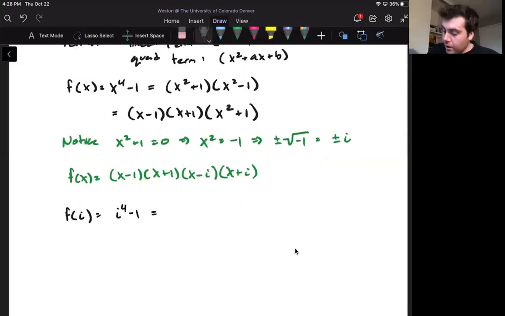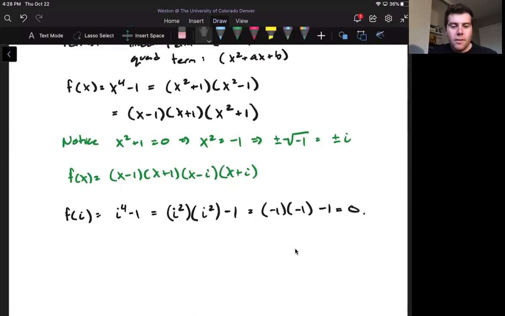And i to the fourth is i squared times i squared, minus 1. So that's negative 1 times negative 1, minus 1, which equals 0. And so there we have it.